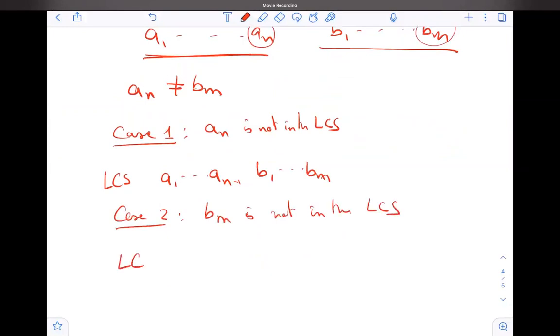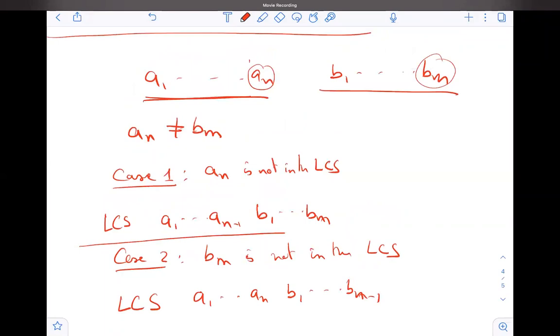In that case, this LCS is nothing but A1 to AN and B1 to BM minus 1. One of these two cases has to happen.